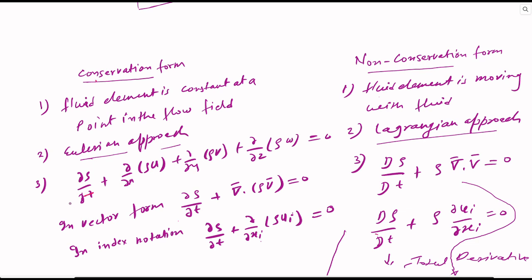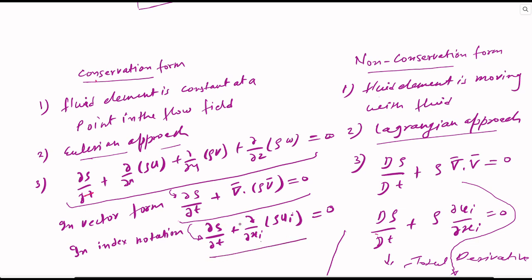In Cartesian coordinates, we can write it this way. When we write it in vector form, it is the same equation in vector form, or the same equation in index notation. Different people use different notations.